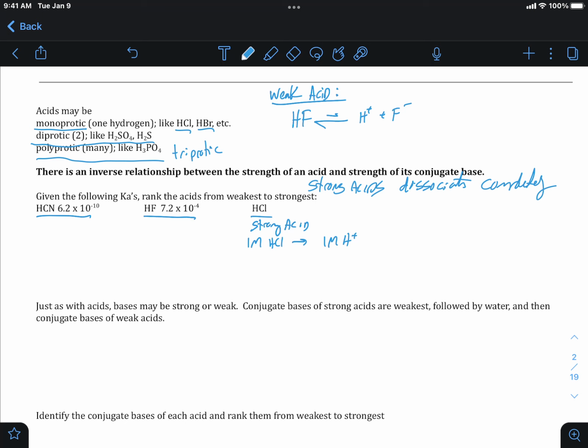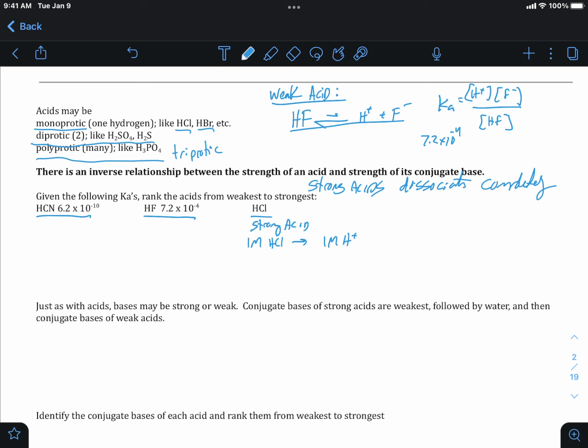But if I have a weak acid like this, HF, all right, this, guys, has equilibrium. And anything that has equilibrium, you can apply the law of mass action to. Right? Products over reactants. And that's a numerical value for the Ka. In this case here, it's told to us to be 7.2 times 10 to the minus 4.